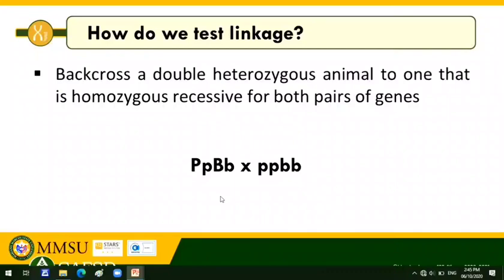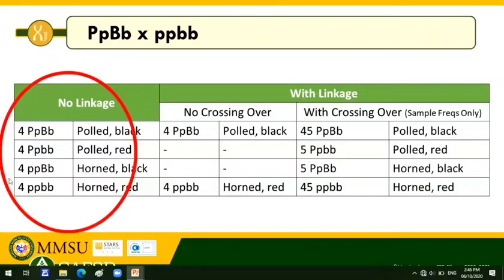If you remember your Punnett square, if you apply a Punnett square to this cross, the result is that the distribution of phenotypes of the offspring is equal. When there is no linkage, it is because it follows the laws of Mendel. So, we have here a table showing what I said earlier, that when there is no linkage, these are the progenies of the cross between the double heterozygote and the homozygous recessive for the two traits.